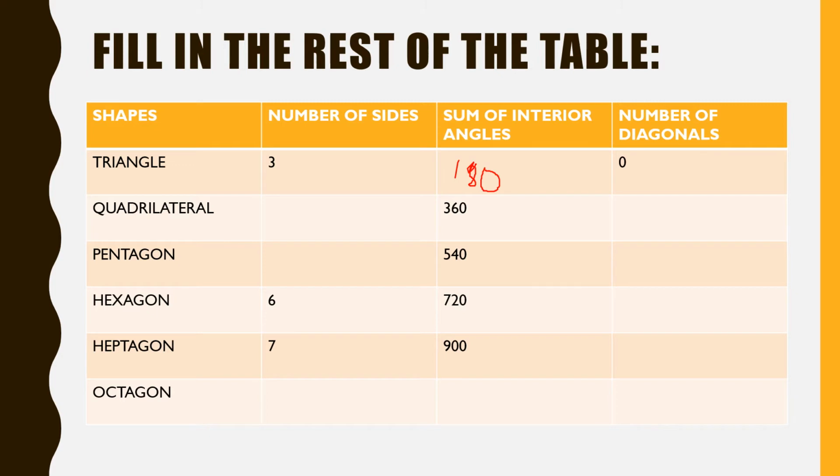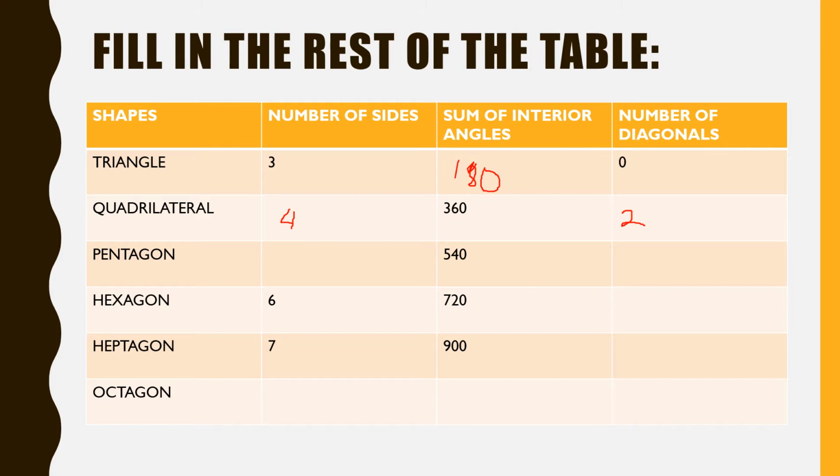So the sum of the interior angles of the triangle is 180. For a quadrilateral, we have 4 sides. And how many diagonals are there in a quadrilateral? There are 2. Okay.